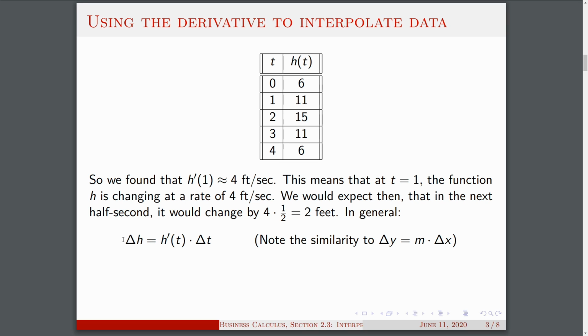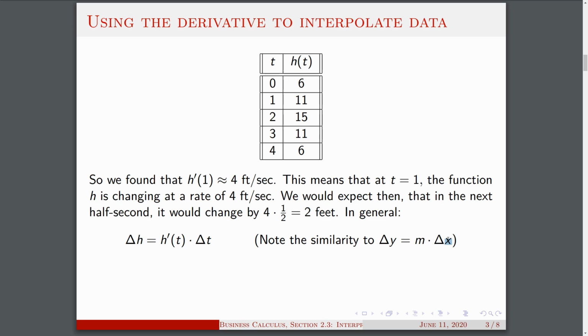The way you get this change in general is you take whatever the derivative is and multiply it by however much the x value is changing. Here's a little formula, and notice it comes directly from the slope formula. Remember I said that slope formula was important? Everything comes from the slope formula.